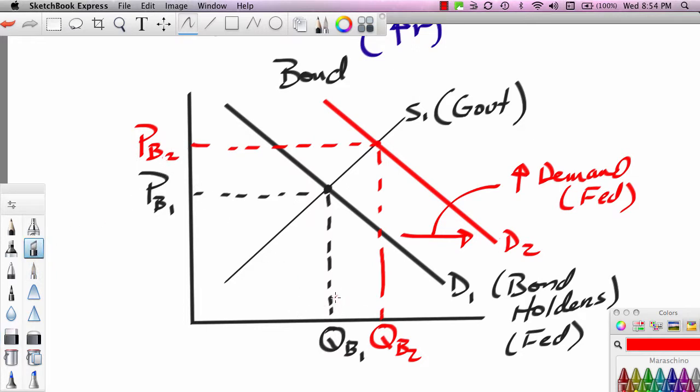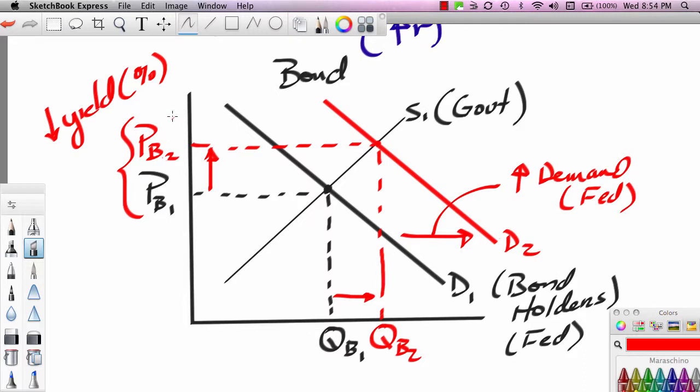So the increase in demand is going to increase the quantity of bonds sold in dollar volume and increase the price. Now, what this doesn't show is the yield. There's going to be a decrease in yield. And the yield is a percentage. This price is in dollars. So as the dollar price of the bond goes up, the percentage yield on the bond goes down. And that's effectively what the Fed can do.